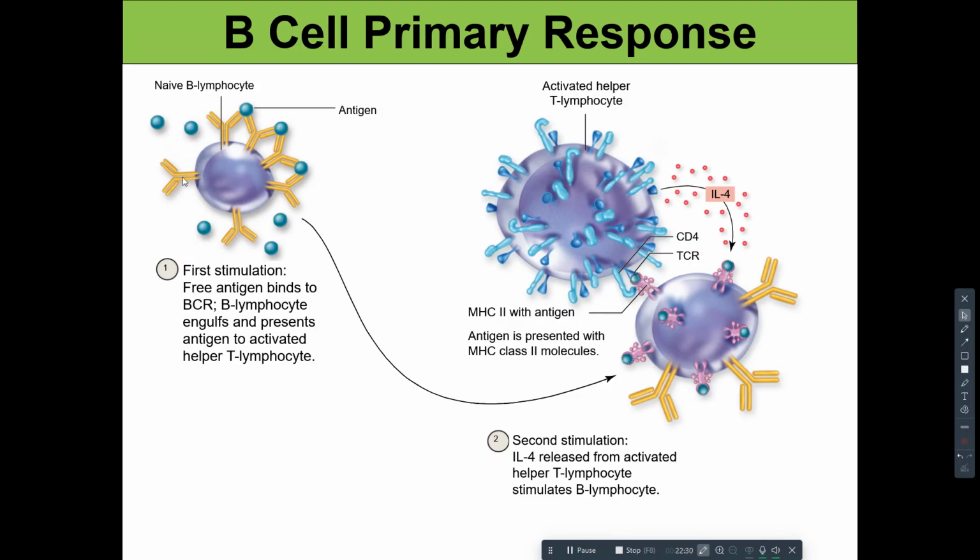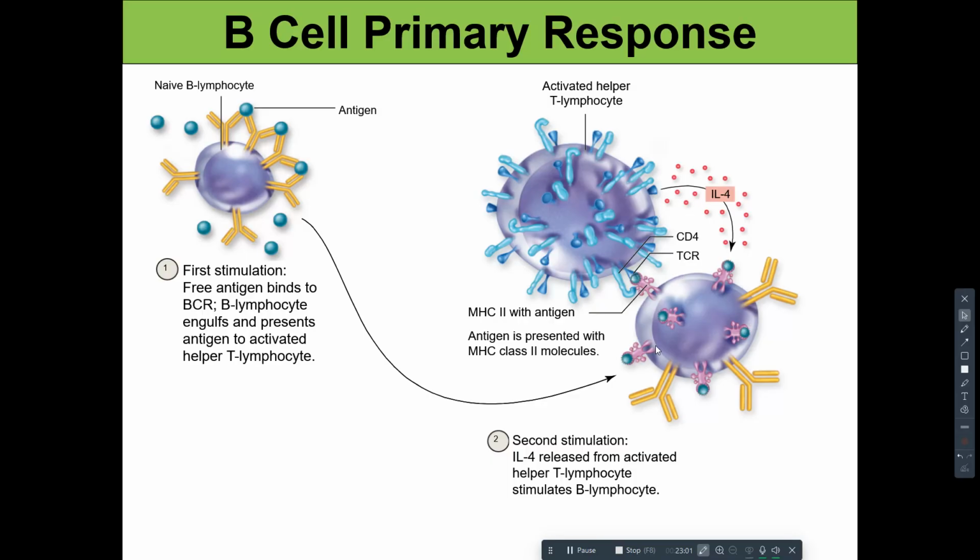Now, once the B lymphocyte engulfs and presents that same antigen, it then goes looking for one of those activated helper T cells, of which we just made a whole bunch. The B lymphocyte is basically saying, hey, I recognize this guy. I was specific to him, so I killed him. Do I have permission to then go and kill a whole bunch more?